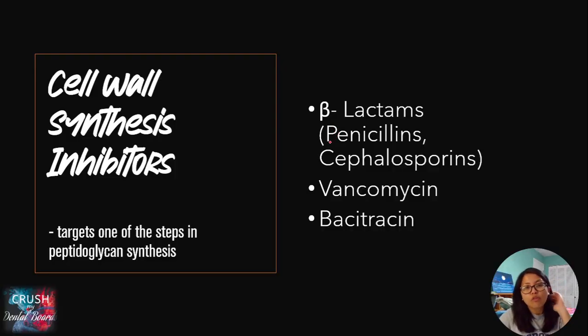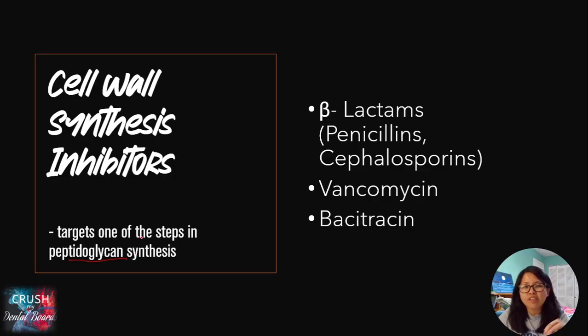First off, we have antibacterial drugs that inhibit cell wall synthesis. These types of drugs target one of the steps in the formation of the peptidoglycan. We all know that peptidoglycan is the important component of your cell walls.